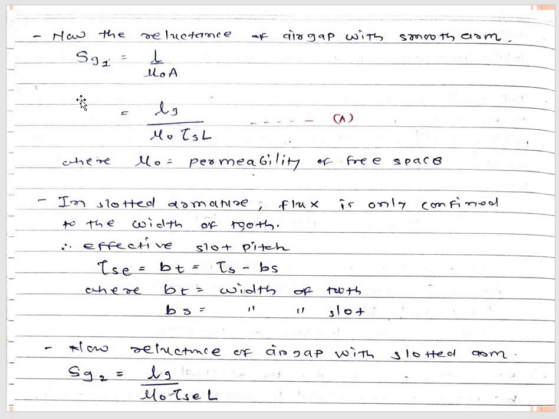Now the reluctance for the air gap with smooth armature: we know the equation of reluctance is S equal to L by mu A. For the smooth armature, we consider Sg1, given by L divided by mu 0 A.